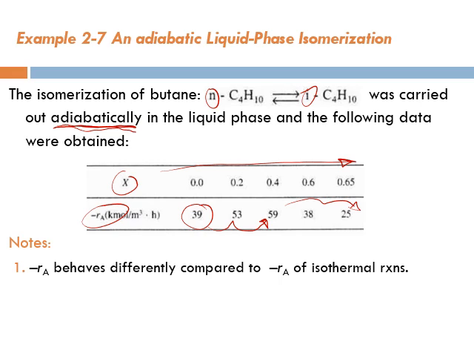Can this energy released from the reaction leave the system? Of course not. Why? Because the reactor is insulated and the operation is adiabatic, no heat transfer. So this heat stays within the system.